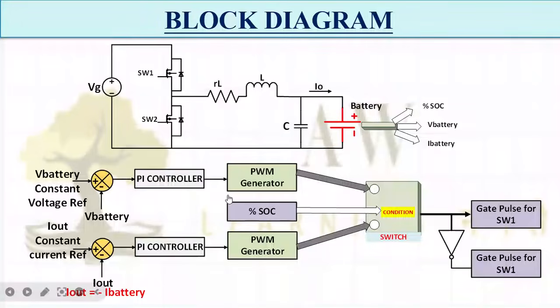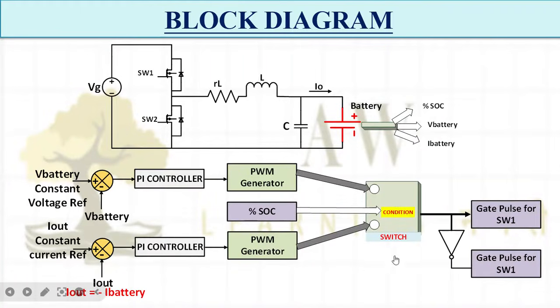In hardware, the battery voltage increases gradually, so if I give V battery constant reference voltage it will take it properly. But this is a Matlab simulation and it will fluctuate a bit, go and come back to that voltage, so the switch block may get confused. That is why if I give percent SOC as the condition, it will work fine.